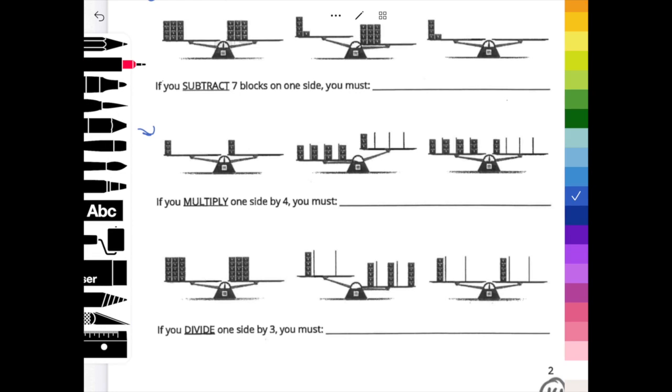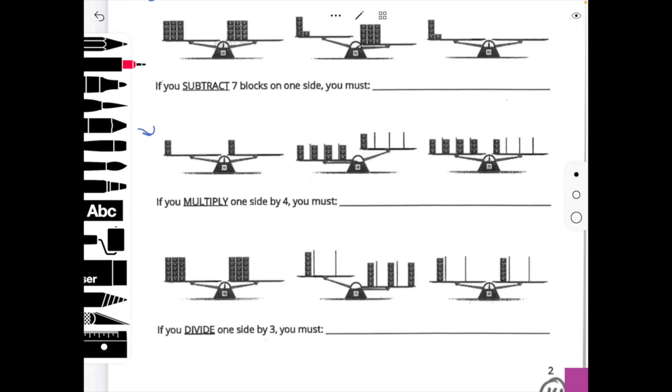So this last one, we have an array that looks like a 3 by 5 array, and another 3 by 5 array. And they show that they have split it into 3 groups. So they have taken 15 and divided it by 3.